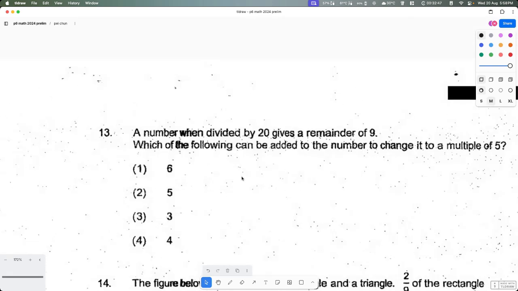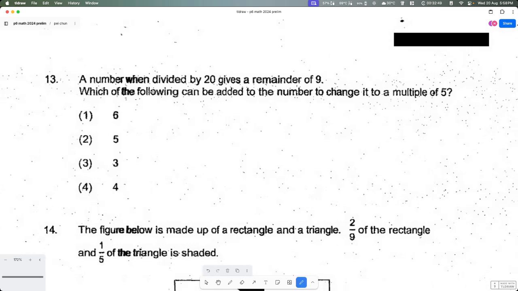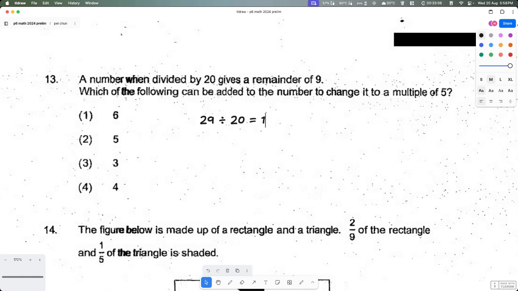Question number 13 says a number when divided by 20 gives a remainder 9. Which of the following can be added to the number to change it to a multiple of 5? The number can be basically 29. So 29 divided by 20 will give you one, remainder 9.